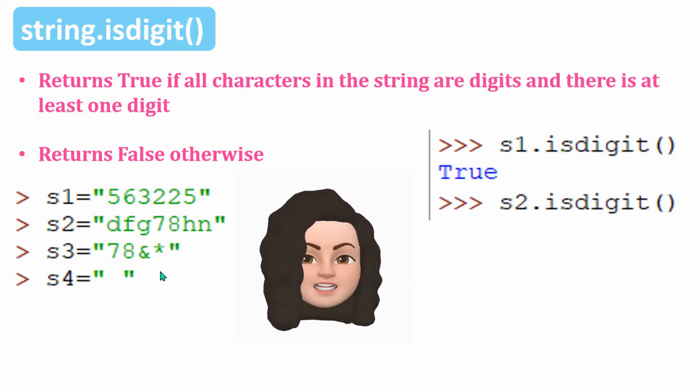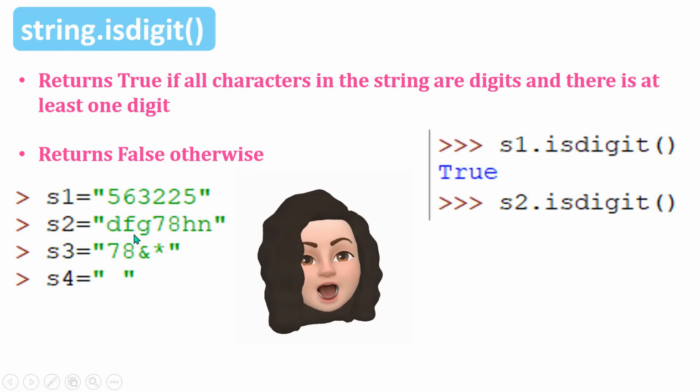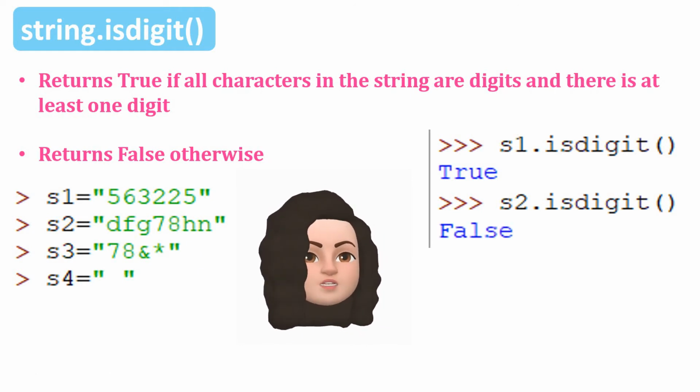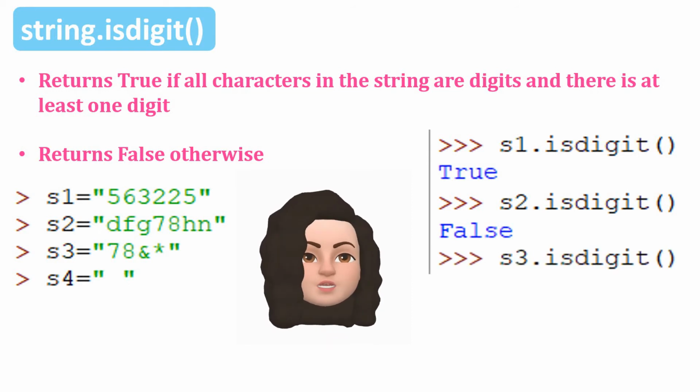S2 dot isdigit. Now S2 is a string which consists of numbers as well as alphabets. So S2 dot isdigit will give you false because isdigit will give false when it contains alphabets. Okay, it should contain only numbers, then only it will be true, otherwise it is false. Now S3 dot isdigit.